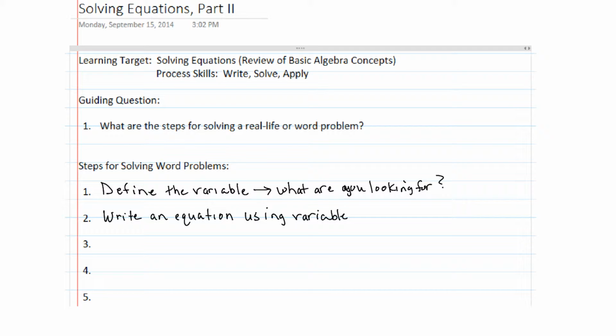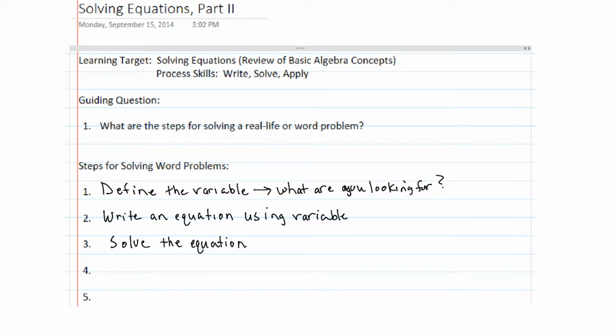And then the third step is to solve the equation by isolating the variable.